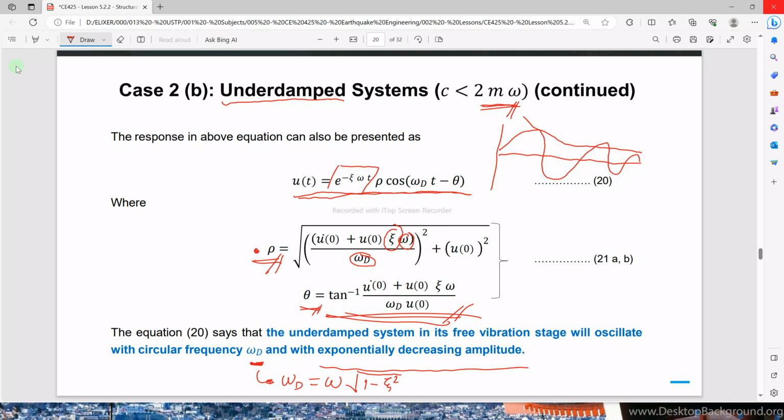Usually, the critical damping ratio is small, that is, less than 15 or 10%.